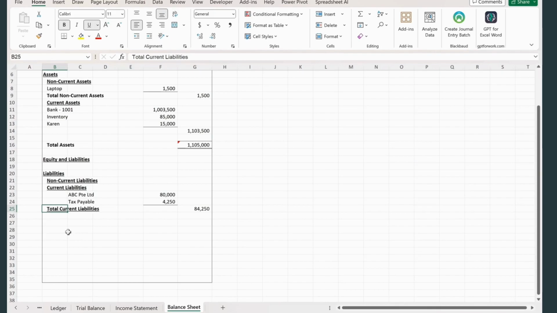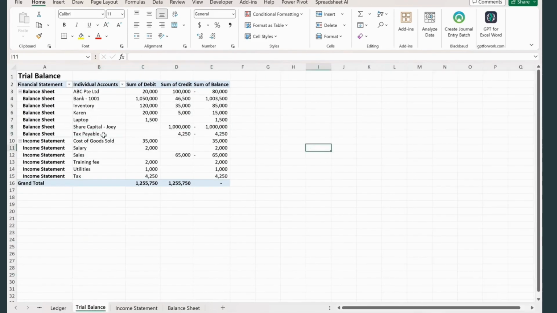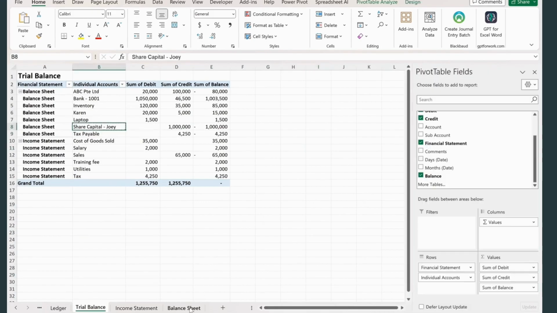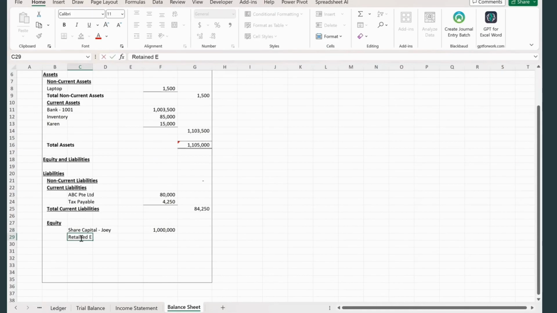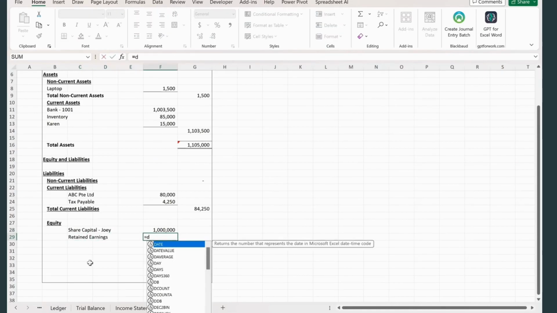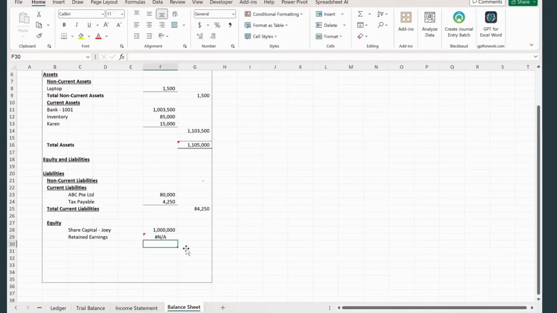Our total liabilities. Equity is share capital Joey plus retained earnings, which is current year's profit.